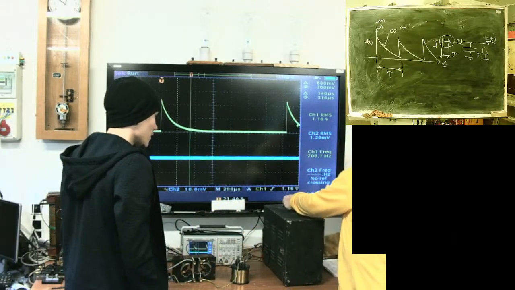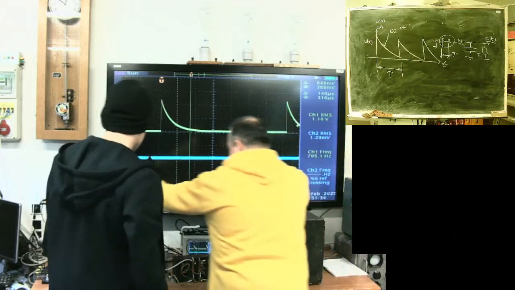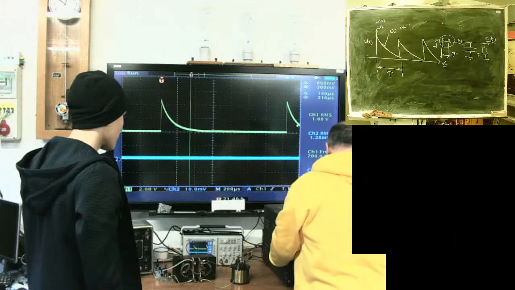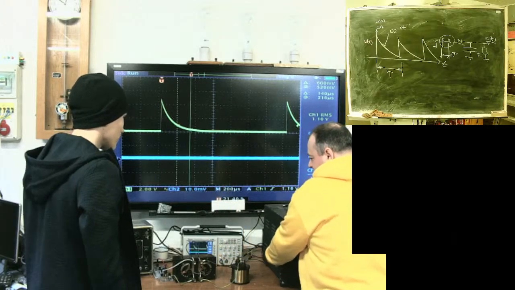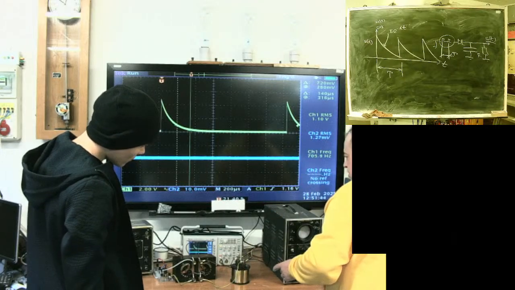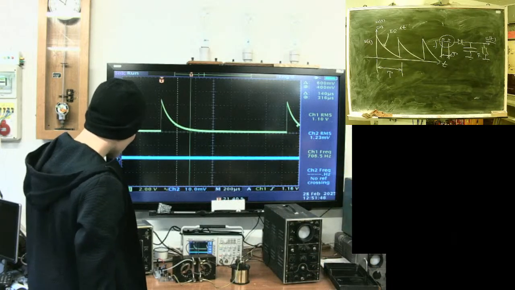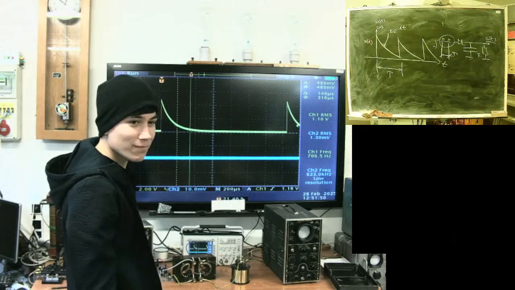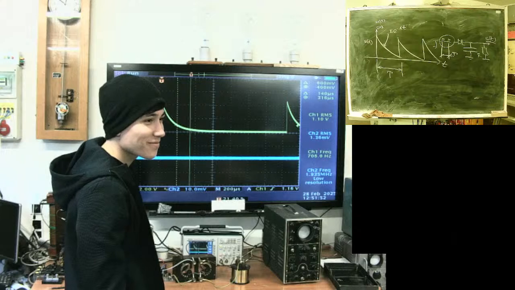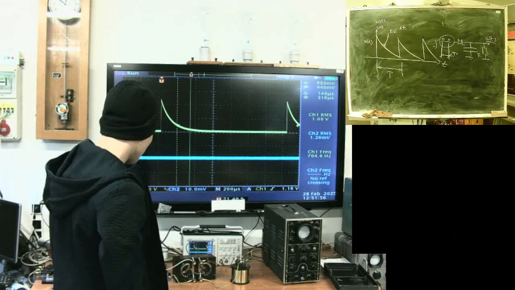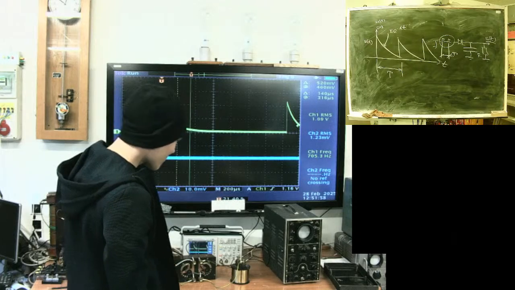I only need a second wire. One moment. We need more wires.